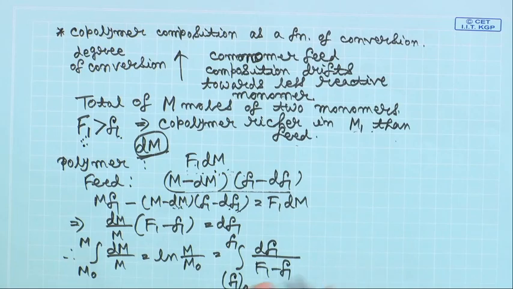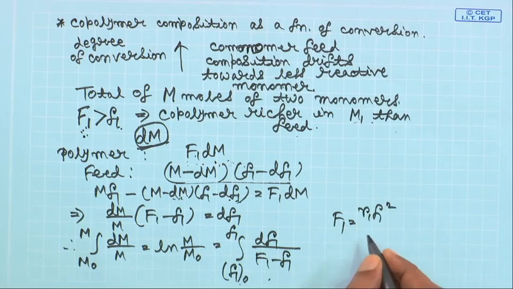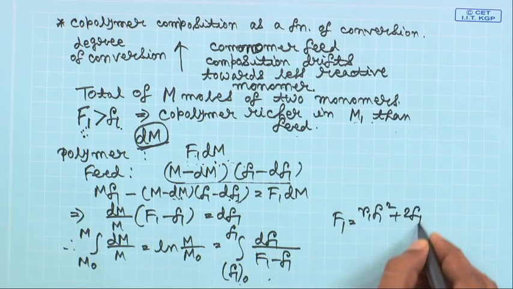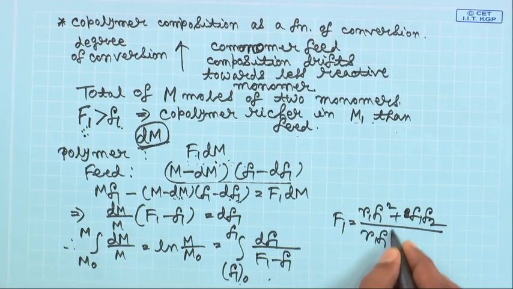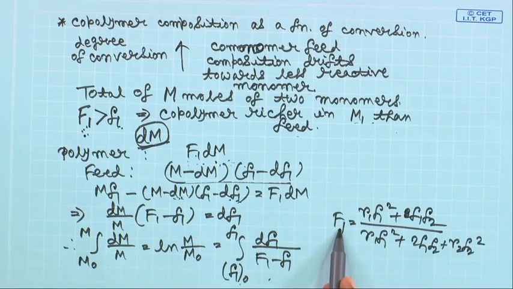Now, capital F1, already we know, is nothing but R1 F1 square plus 2 F1 F2 by R1 F1 square plus 2 F1 F2 plus R2 F2 square. So, basically capital F1 can be calculated as a function of small f1, because small f2 is equal to 1 minus f1. So, this capital F1 can be replaced here.